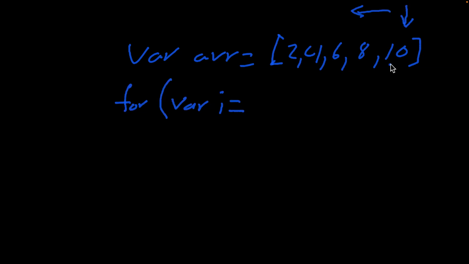Okay, well, R length minus 1. Yes, thank you. We're going to say I equals R dot length minus 1. Why is that? You can apply that to any array instead of a specific number.